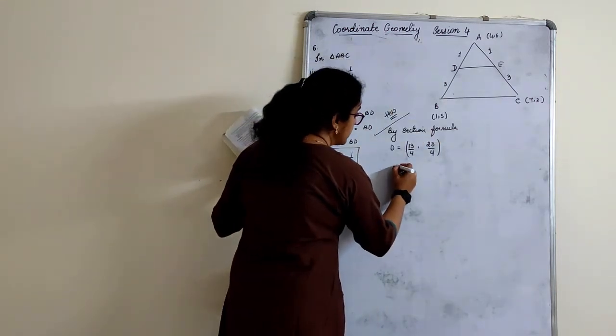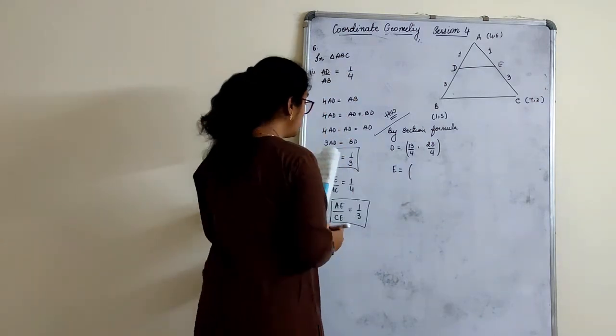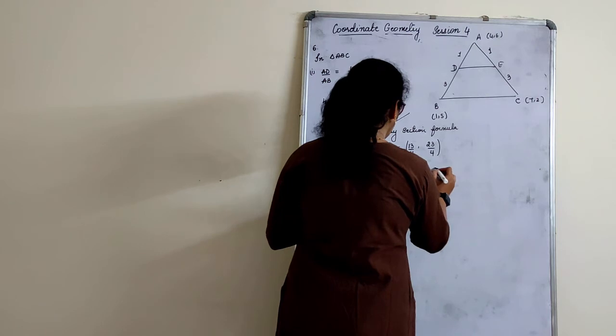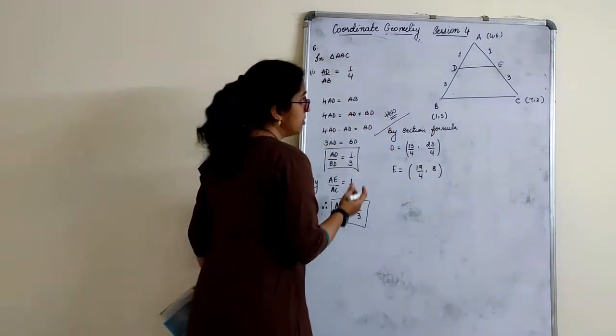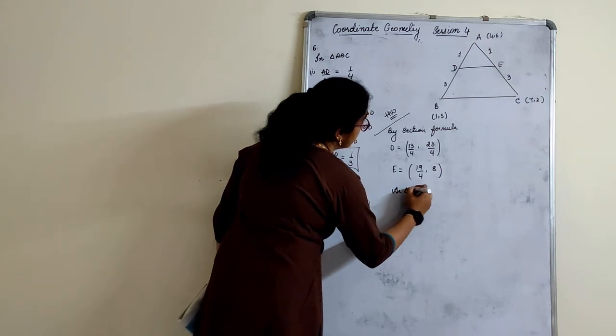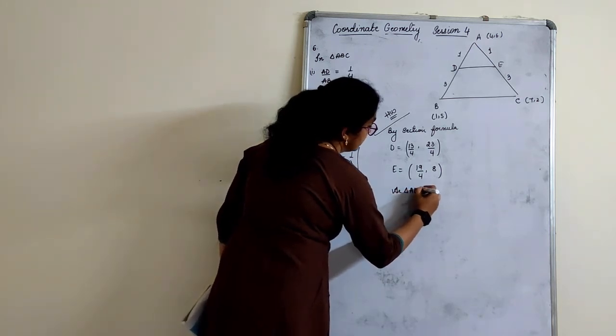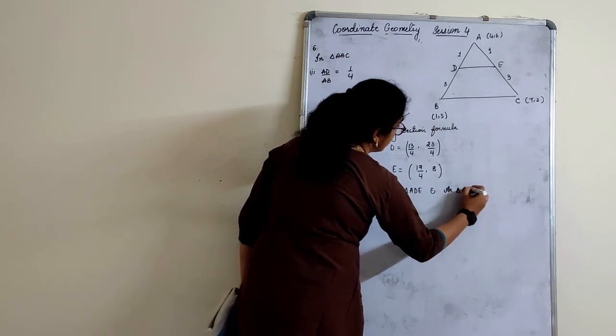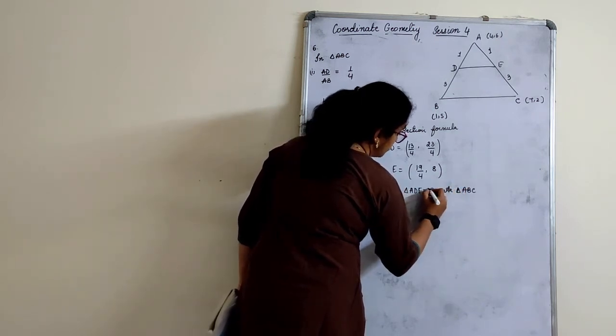Similarly, when you apply section formula for E also, you will get the coordinate as 19/4, 8. Now since you have the coordinates, area of triangle ADE and area of triangle ABC you find out.